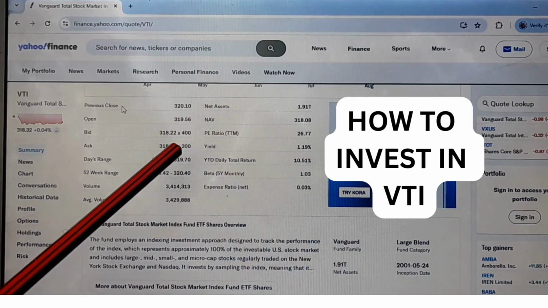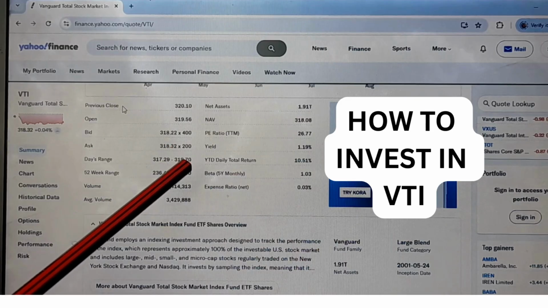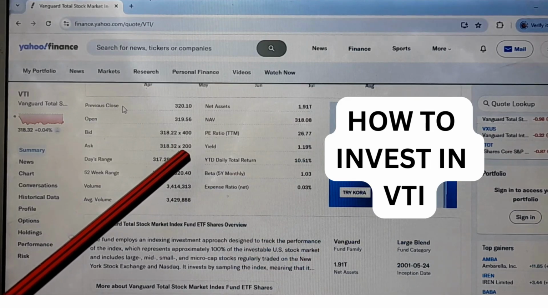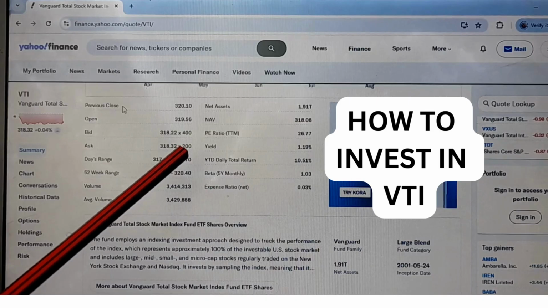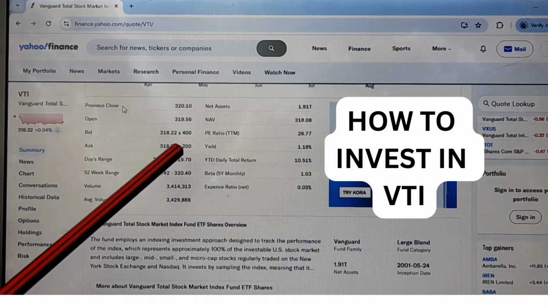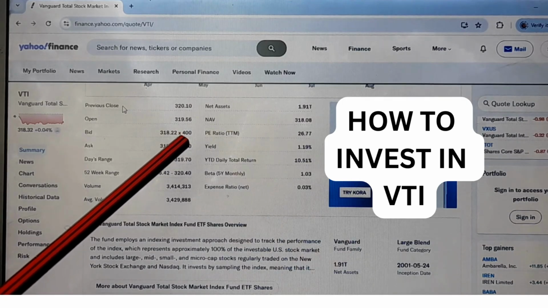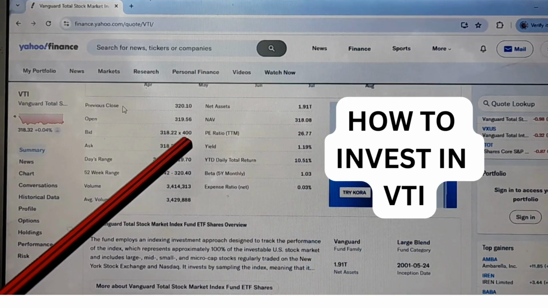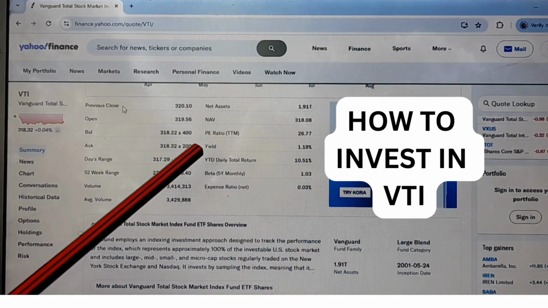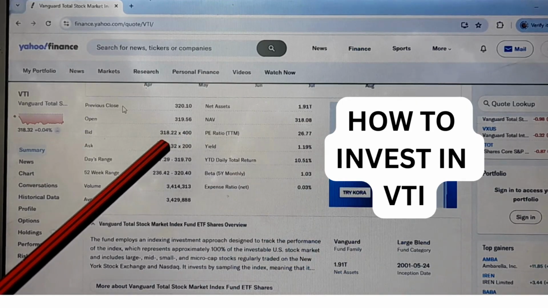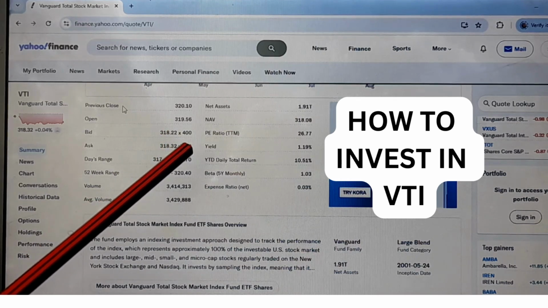So Yahoo Finance lists these shares in board lots of 100. So when you see 318.22 times 400, it means this: the buyers are asking for 400 times 100, that is 40,000 shares at the price of $318.22. Okay?